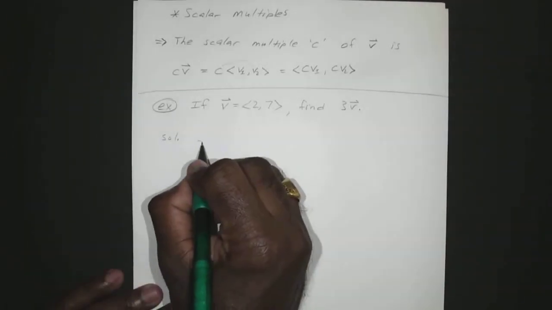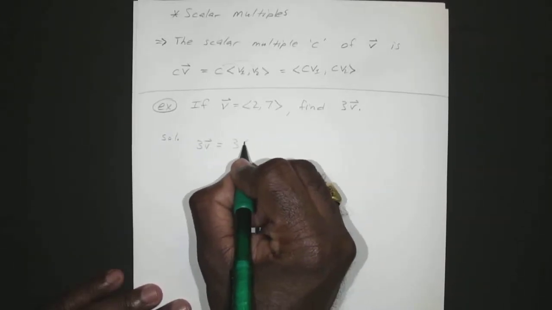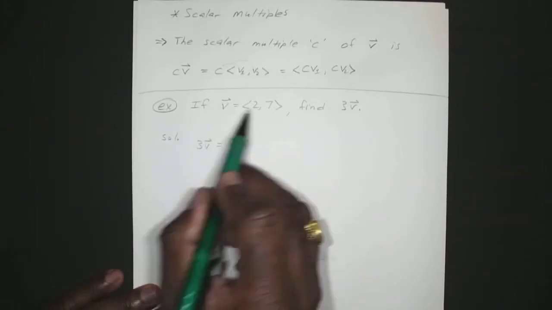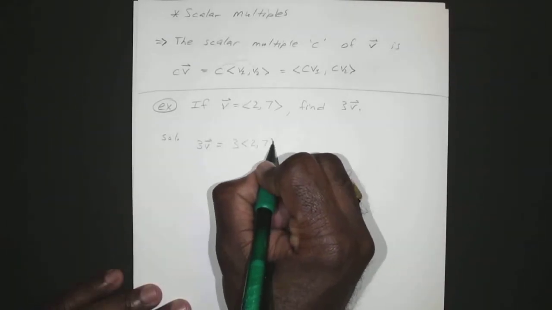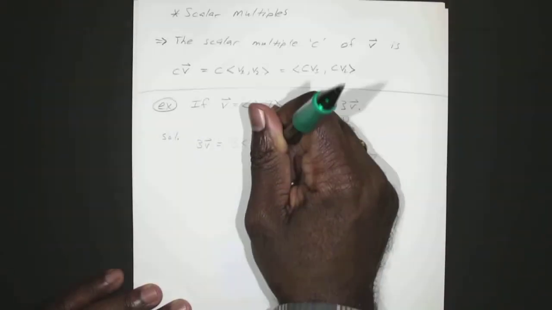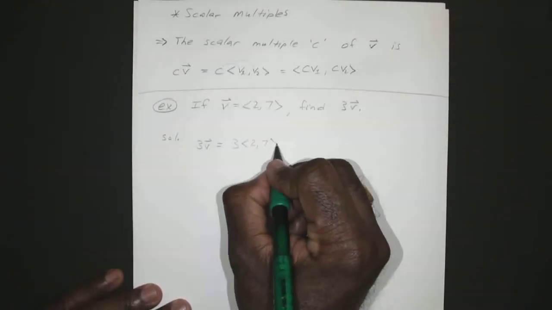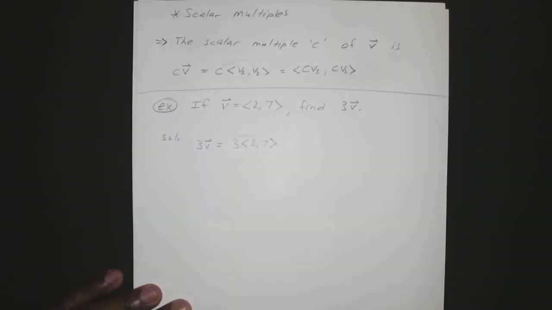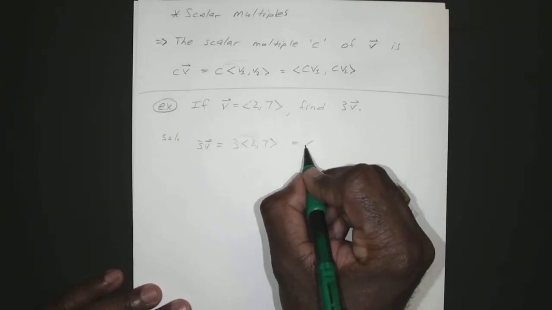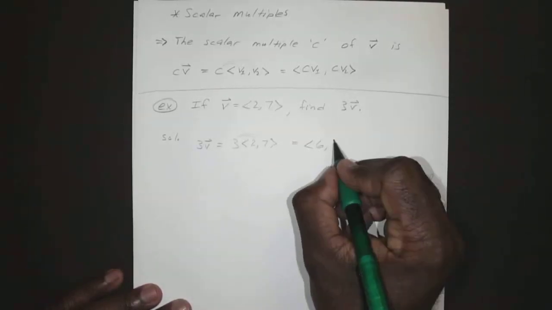Okay, so 3 times vector v is just equal to 3 times the vector with components 2 and 7. Which means that once you distribute that, you have 3 times 2, which is 6, and 3 times 7, which is 21.